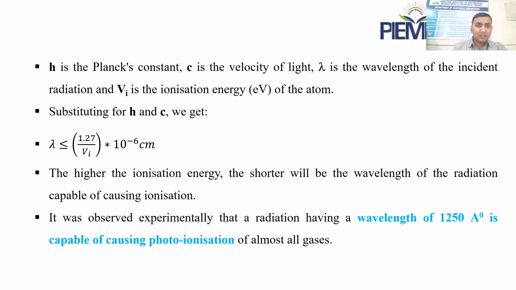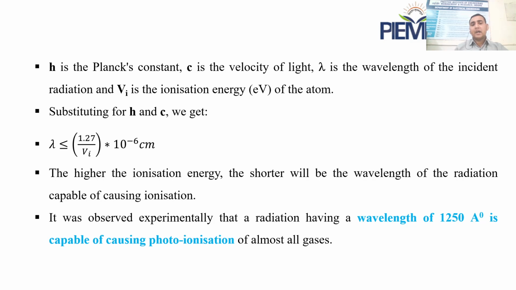This is given by the Planck constant h, c and lambda, the wavelength of the incident radiation, by the formula below, where 1.27 over Vi, basically the ionization energy of the electron in the outermost shell, is greater than the given wavelength lambda of your incident radiation. It must always be greater than.